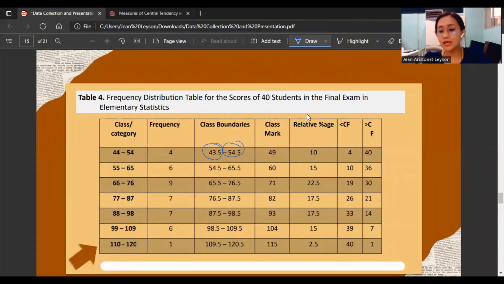So constructing the table, this is the FDT or the frequency distribution table for the scores of 40 students in the final exam in elementary statistics. As you can see here, there are 1, 2, 3, 4, 5, 6. Instead of 6, we had 7. Why?